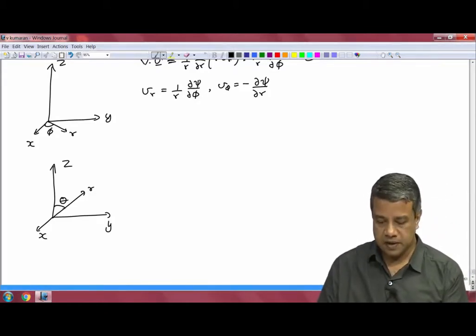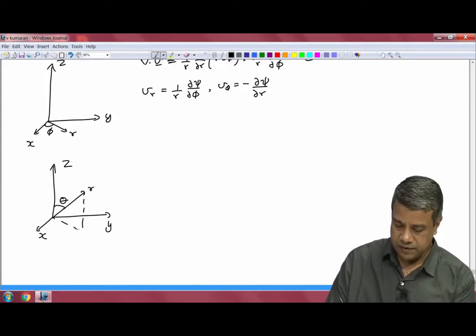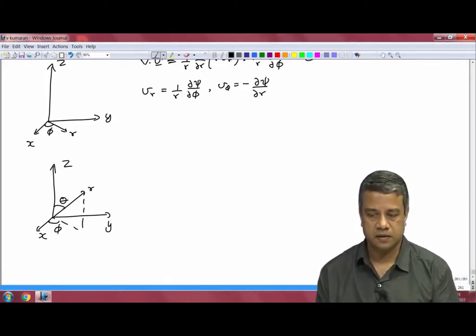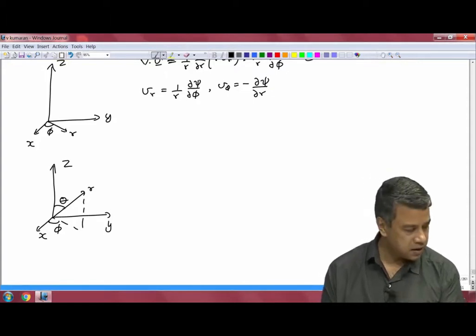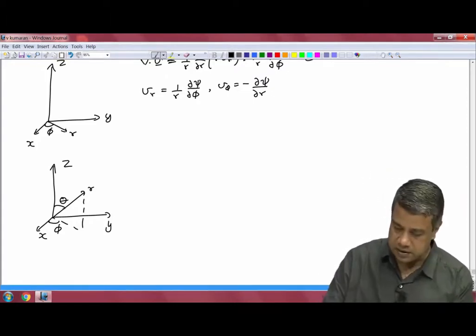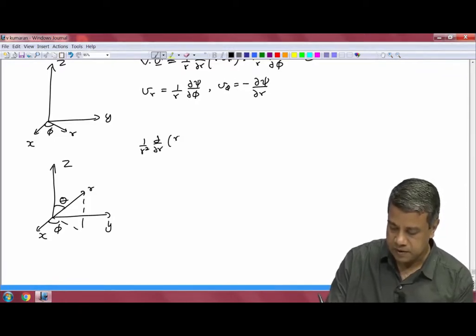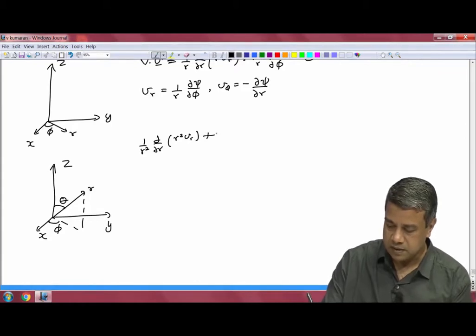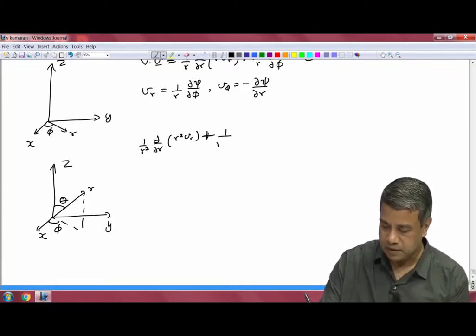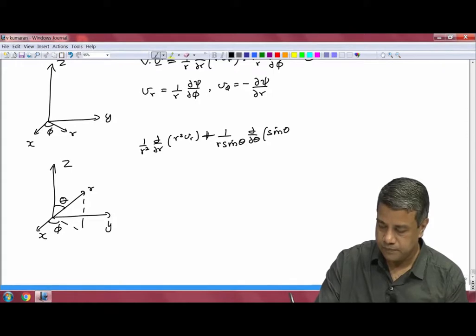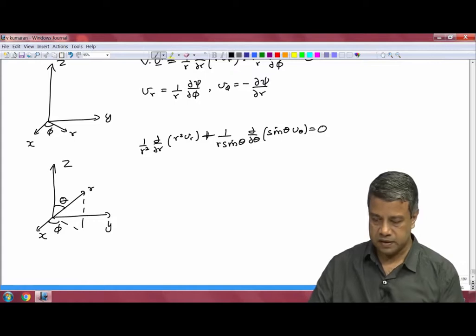If there is no variation of the field variables with respect to the phi coordinate, that is, no variation in the meridional direction, then the mass conservation equation in this case becomes 1 by r square d by dr of r square v r plus 1 by r sin theta, and so on, from the definition of the divergence.